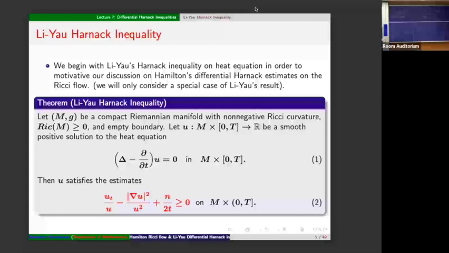Now, to do this proof, let's quickly notice some things. From the heat equation, which is still on the board, if you take f to be log of u, the natural logarithm of u. U is a positive function, so we can define f to be this. U is also smooth.